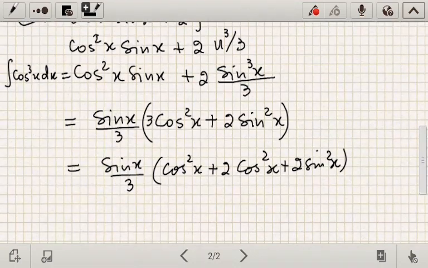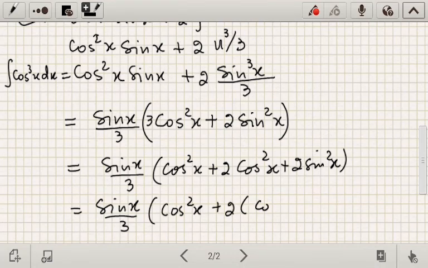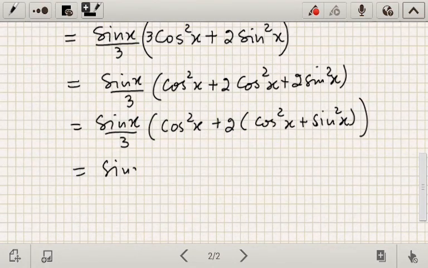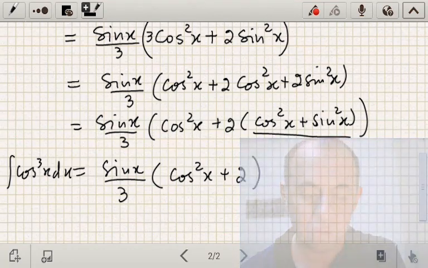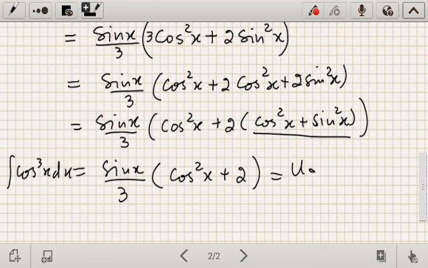You may be guessing where I'm going with this: I can take 2 common here and write 2 times cos square x plus sine square x. Now we can simplify and write cos square x plus 2, because cos square x plus sine square x equals 1. So this is the final form: the integral of cos cube x dx equals sine x divided by 3 times cos square x plus 2. This was actually u2, and we have got u2.